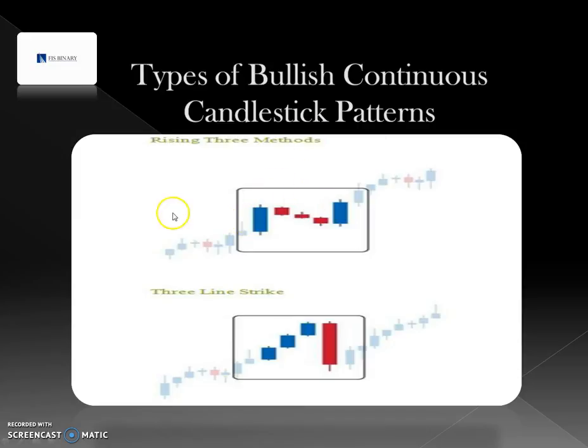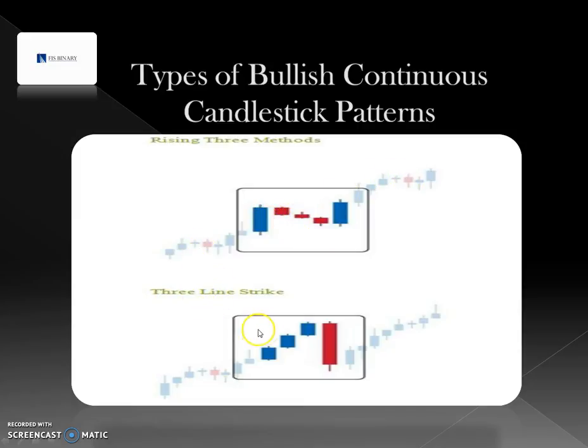Then it is finally followed by a bullish candlestick. Now this is how it forms. Usually it's a bullish candlestick with three bearish candlesticks in the middle, then another bullish candlestick. Once this forms, it implies that the market is going to continue in its existing upward trend.